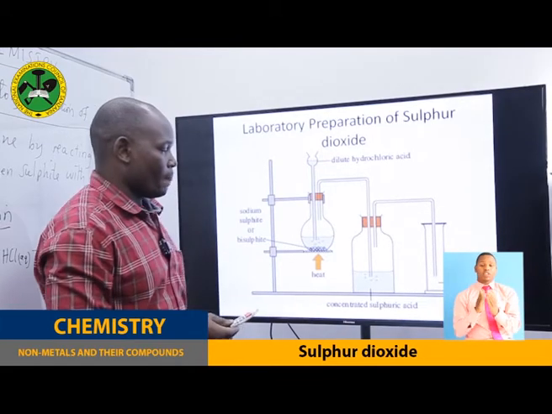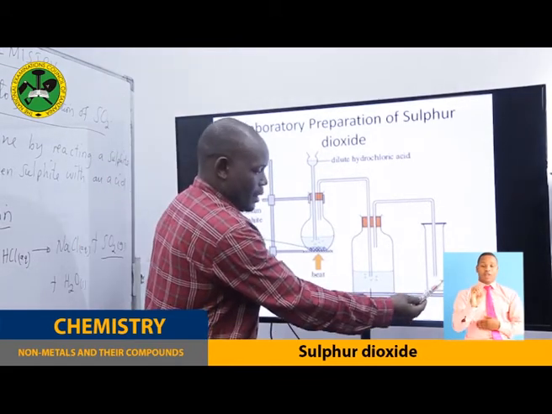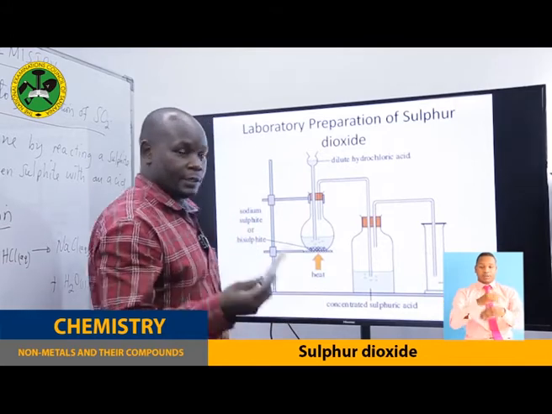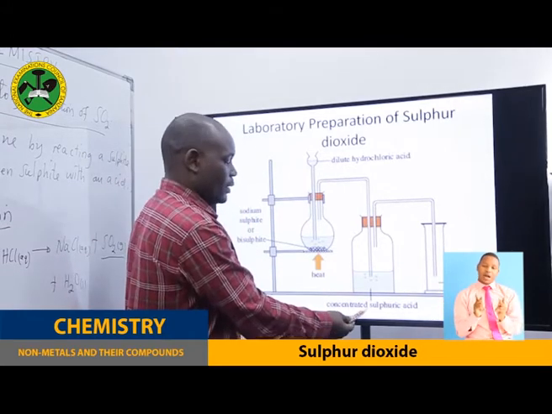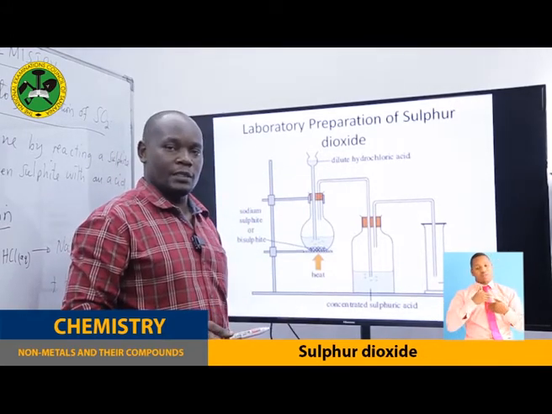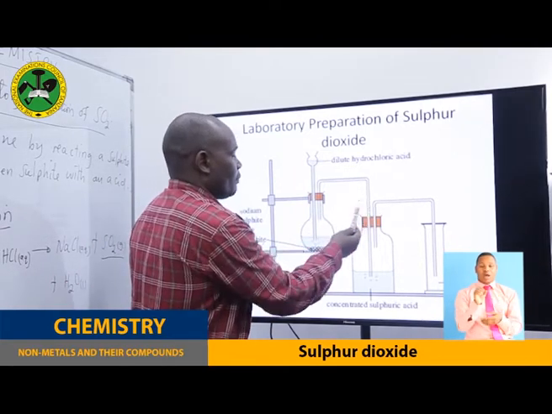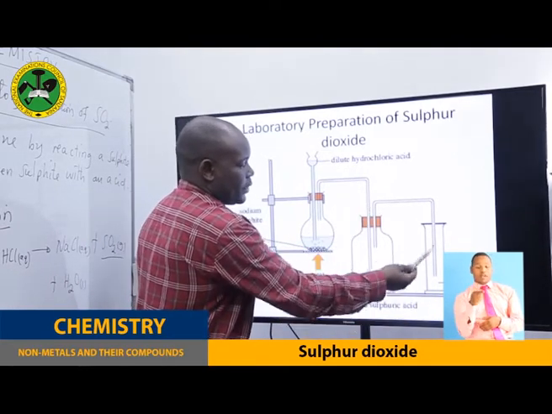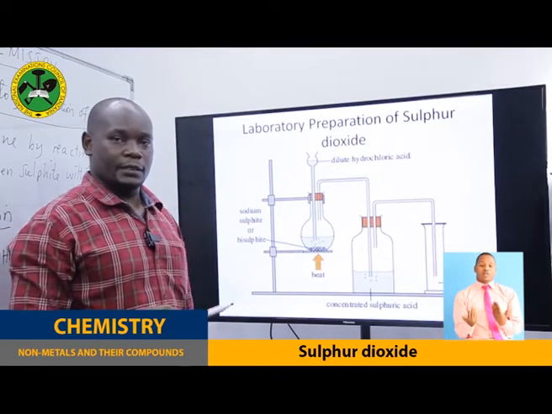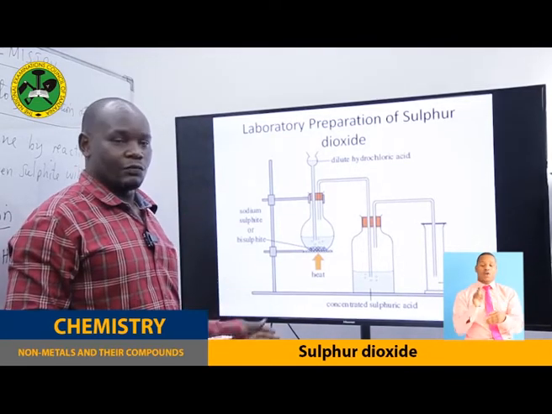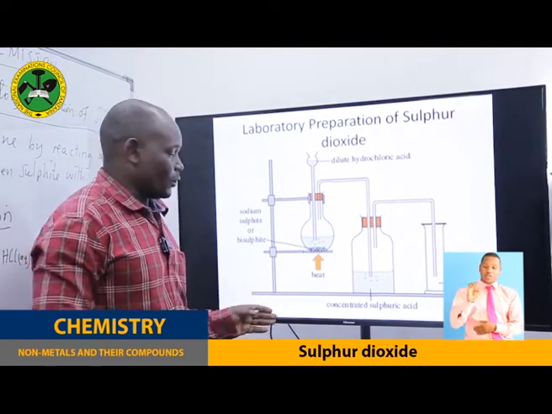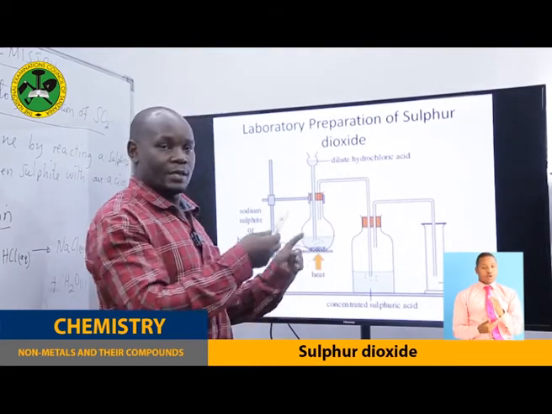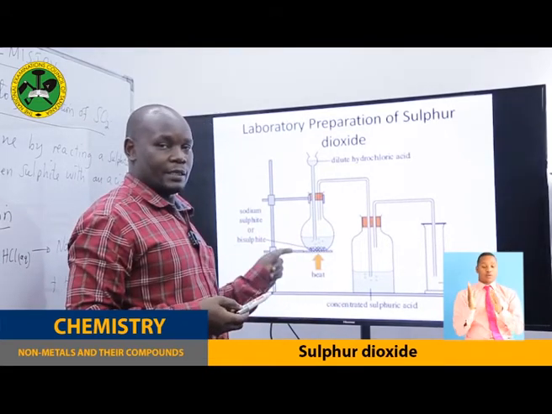But if you don't need dry sulfur dioxide, there is no need of passing it through the concentrated sulfuric acid. You can collect it directly into the gas jar and have the sulfur dioxide gas.